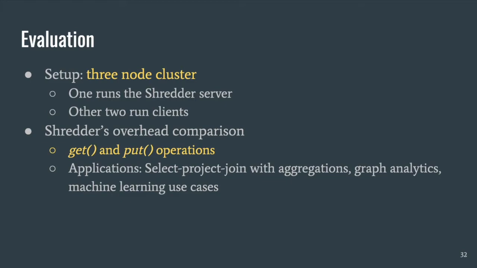This calibrates how much work Shredder's programmability needs to make up for in order to improve efficiency relative to a typical key value store. The paper also explores a number of applications ranging from select project join with aggregation functions, graph analytics, and machine learning use cases.